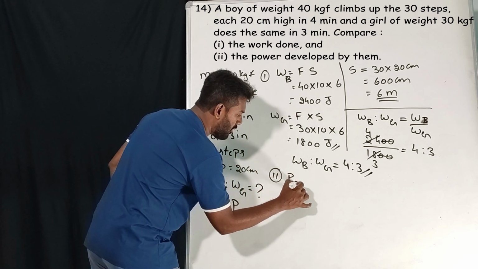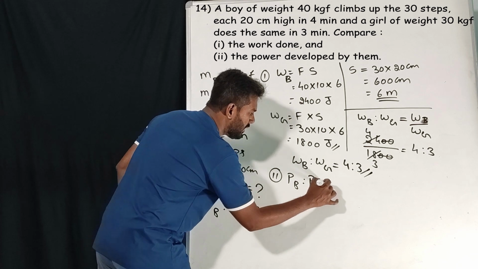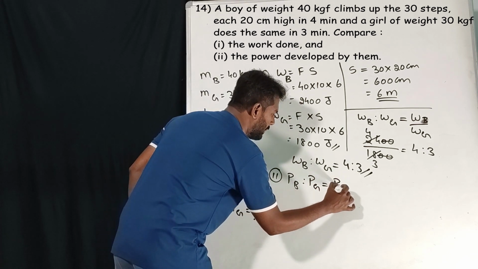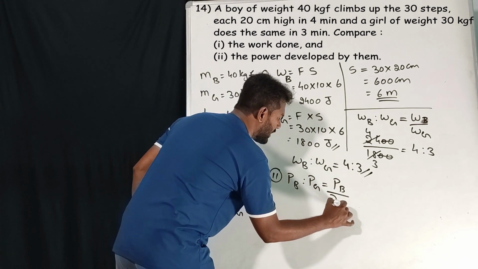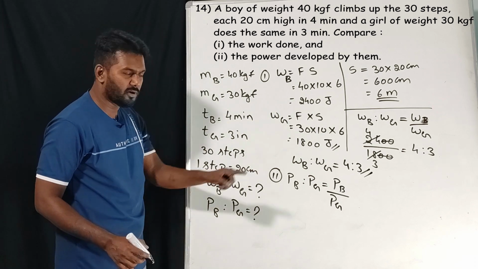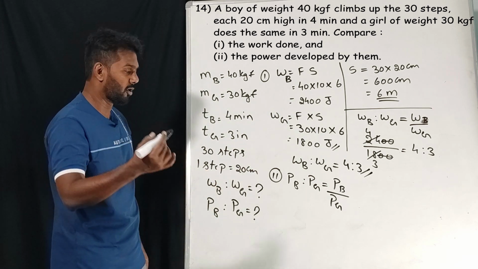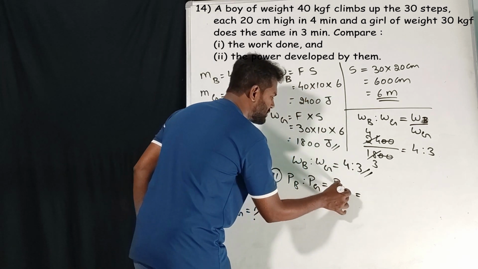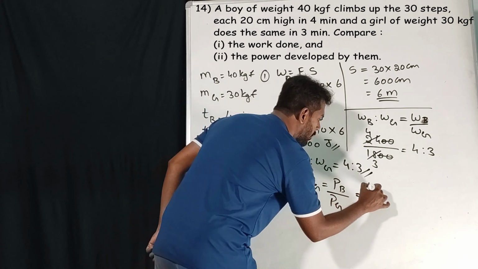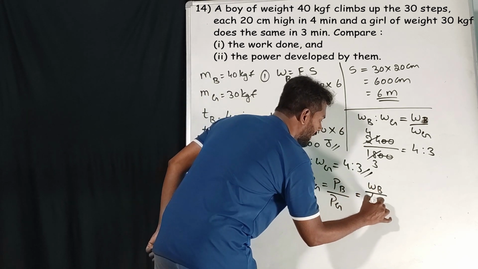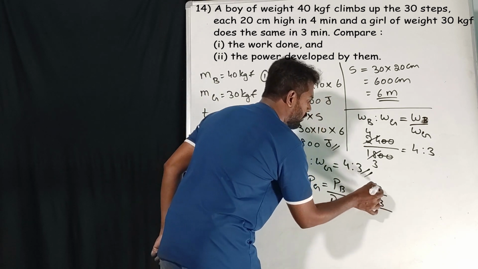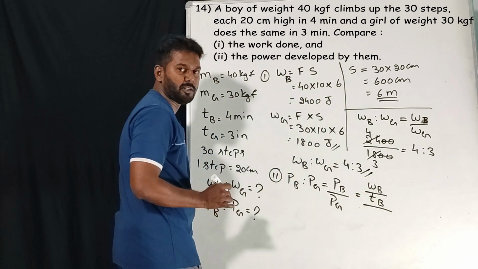Power spent by the boy is to power spent by the girl is nothing but PB by PG, correct? Power spent by the boy is nothing but work done by the boy divided by TB, correct? Work done by the boy and time taken by the boy.